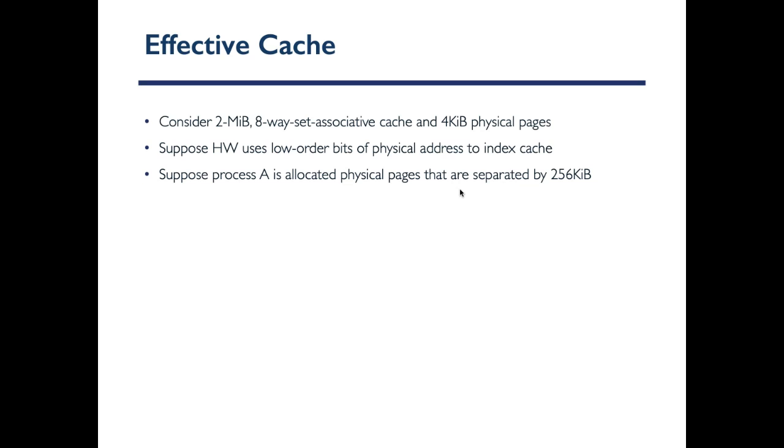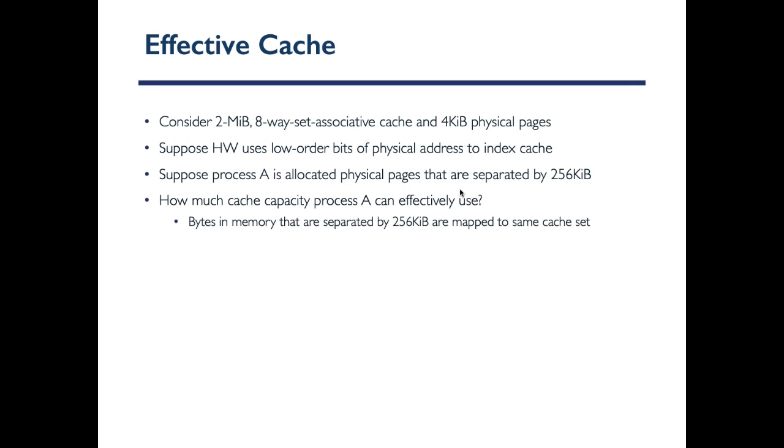So, starting at address X, I have one page for process A, then I add 256 kilobytes to the end of that to get the address for the next page that is allocated to A. So what happens in this scenario? How effectively is process A going to consume the cache that we have?